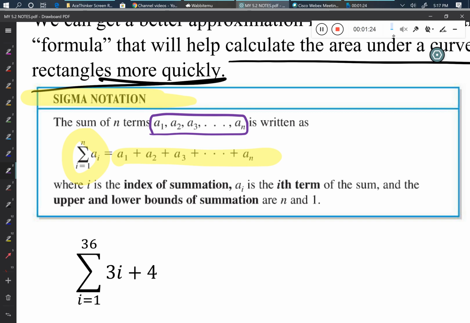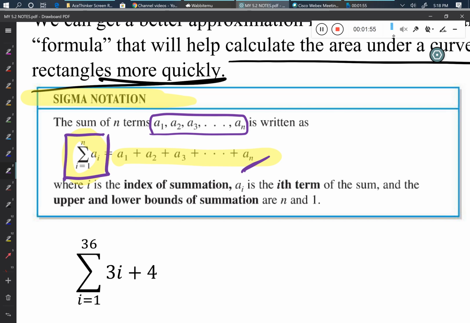When you perform a summation of a sequence, what you're essentially doing is finding the sum of a bunch of terms. What I mean by that is you're going to take the first term, A sub 1, plus the second term, A sub 2, plus the third term, A sub 3, and stop at some point. Here we designate that stopping point as A sub n. This is the mathematical shorthand for that.